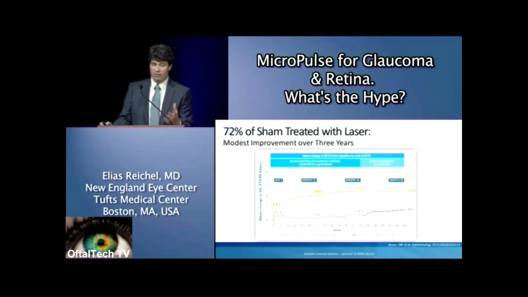But if you look over 3 years, patients still tended to benefit with a few laser treatments. The average number of laser treatments in the sham arm was 3 over 3 years, and they gained almost 5 letters of vision over 3 years, compared to 12 letters of vision with the Lucentis-treated eyes.